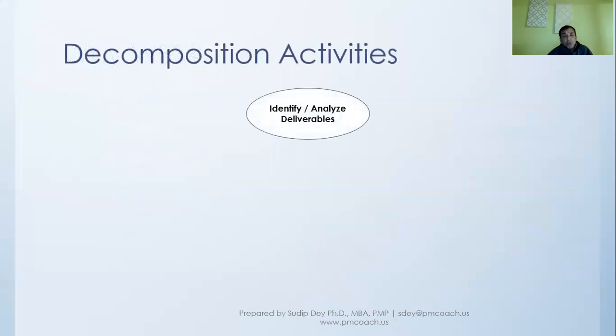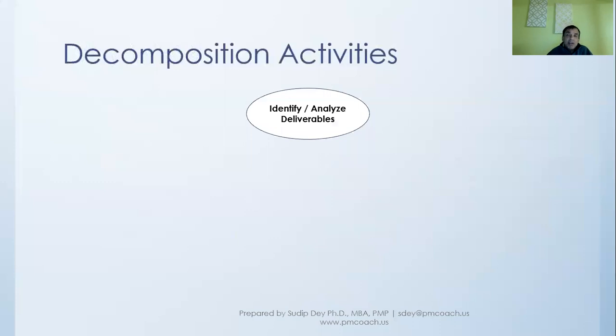So first and foremost, we identify and analyze deliverables. Now, if you remember, in the scope statement, the main thing that comes out of it is the deliverables. What is it that we are going to deliver?